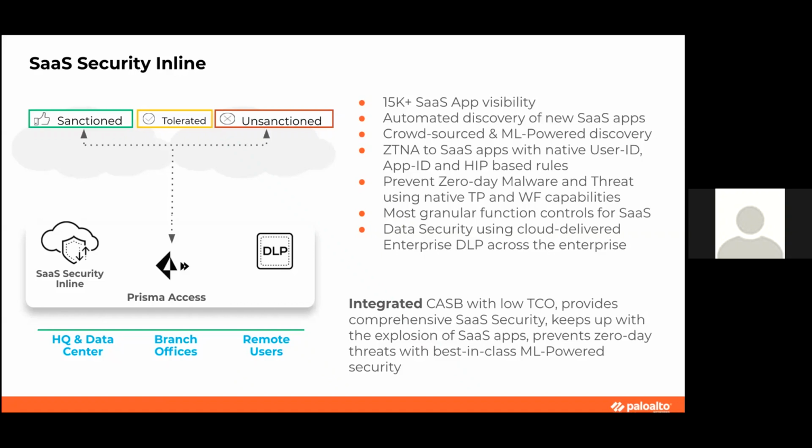Traditional CASB vendors rely on manual signature-based approaches to discover new SaaS applications, which cause a delay in visibility and control. But with SaaS security for inline traffic, you can discover, categorize and control new SaaS applications without any additional tools.